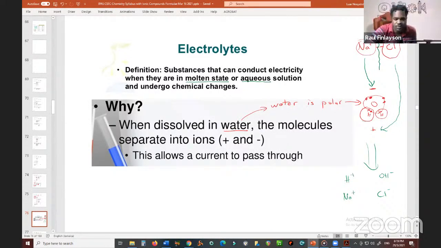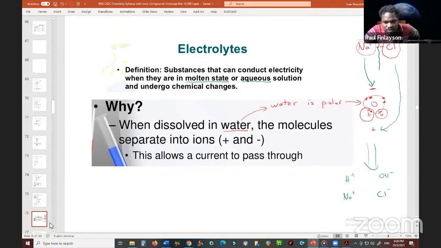So that's a simple way to make chlorine. But otherwise, to make a lot of it, you're going to need current to pass through some salt solution. So you can actually do it at home, but I won't tell you to try it at home because if something goes wrong, you could get shocked. Salt is a good conductor of electricity when combined with water. So careful. All right, so that's our electrolyte story, guys.